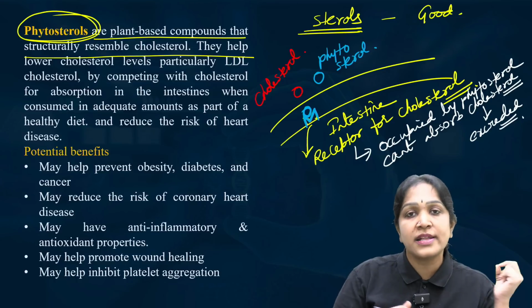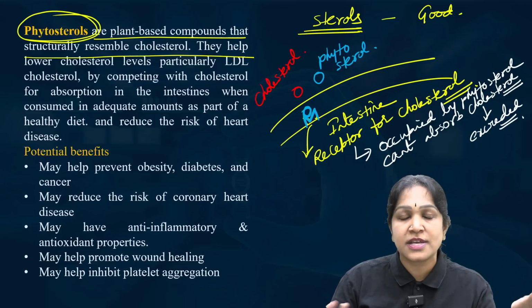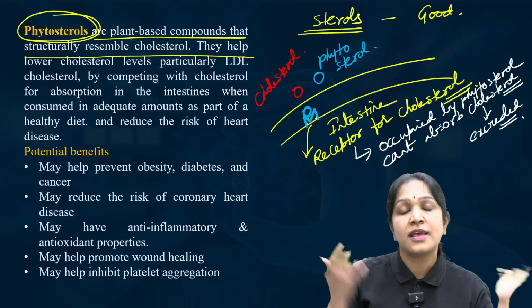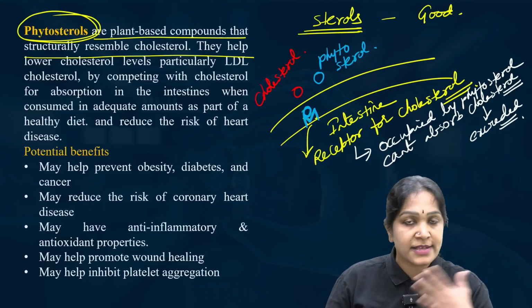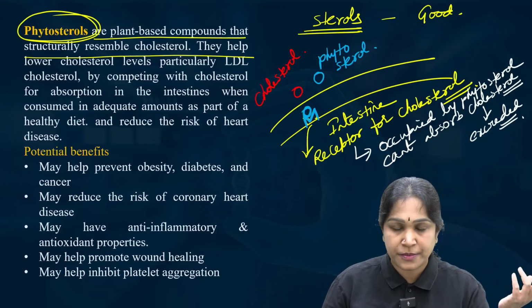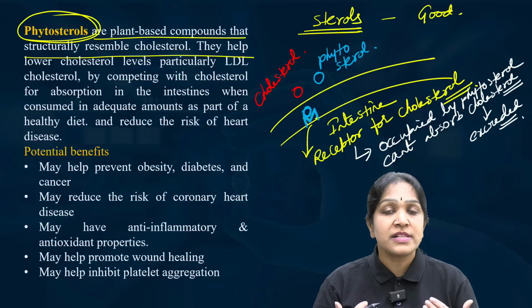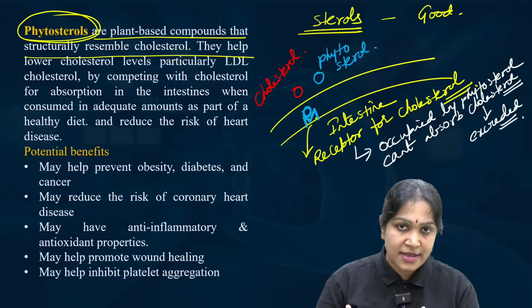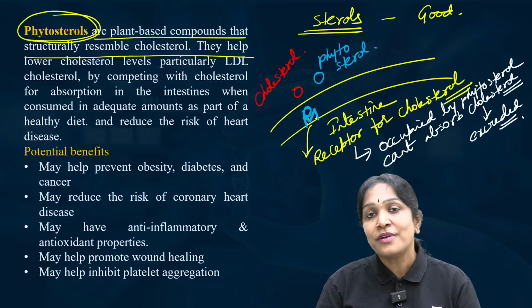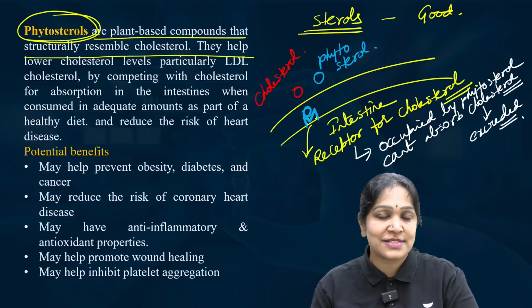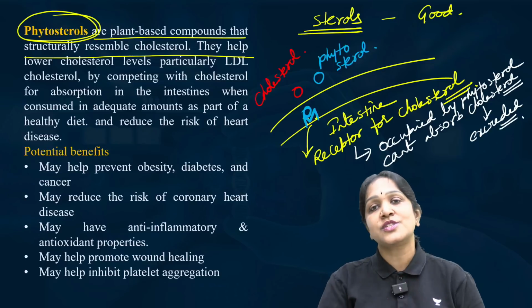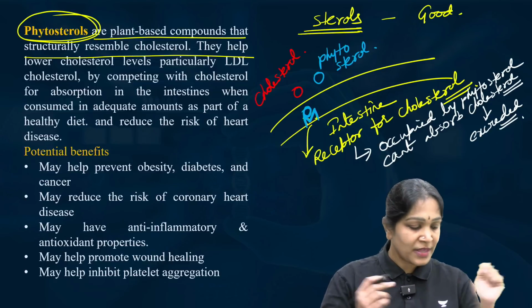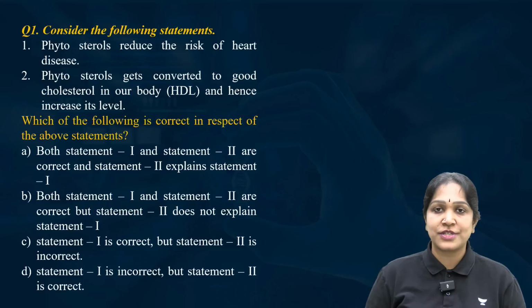Now there is no vacancy for the cholesterol, so the intestine fails to absorb the cholesterol and the cholesterol will get excreted without getting absorbed. So the cholesterol levels in our body will decrease. So when you consume more phytosterols, they will reduce the cholesterol levels in our body. So this is a story of phytosterols.